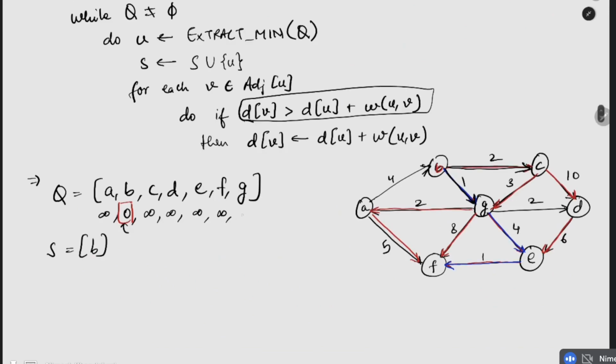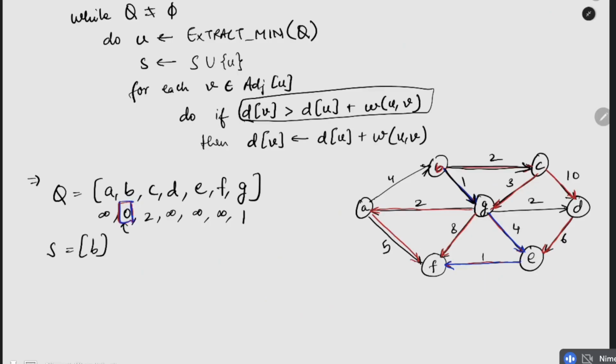So for G it is 1, and then for C it is 2, right? And now since B has already been analyzed, let's mark B as being already analyzed.